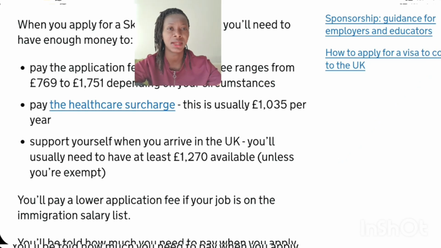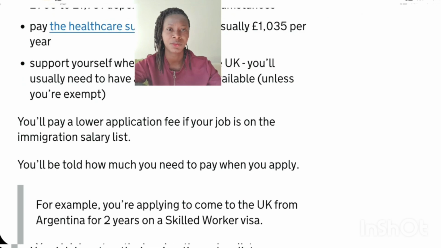Now let's look at the "unless you are exempt" mentioned. You will pay a lower application fee if your job is on the immigration salary list. Remember that a teaching job is not on the immigration salary list, but it is a skilled worker visa you will be applying for. Not all jobs are on the immigration salary list.